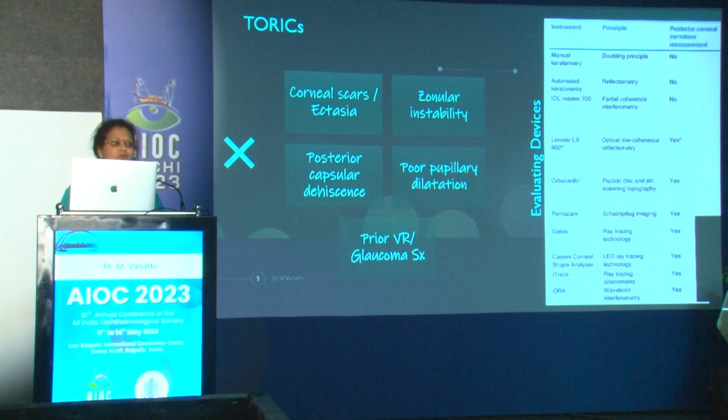So if you do not correct your astigmatism, which is commonly measured in a sitting posture while the patient is in a lying down posture, these cyclotorsion variations, if of a higher quantum, can result in poor prediction or less than optimal refractive correction in the postoperative phase.